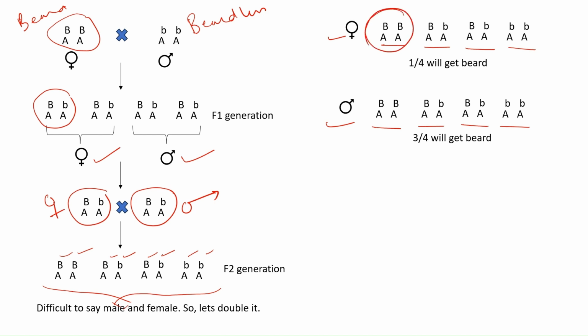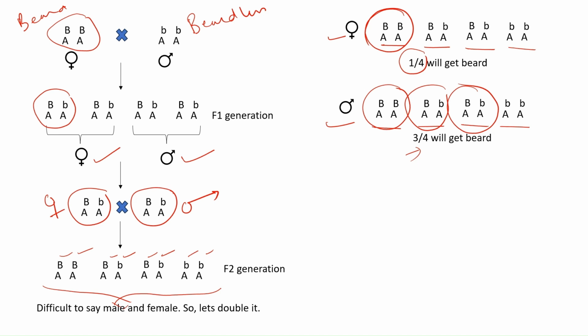So out of 4 individuals, only one will get the beard. Whereas in males, this genotype as well as the heterozygous genotypes will get expressed.